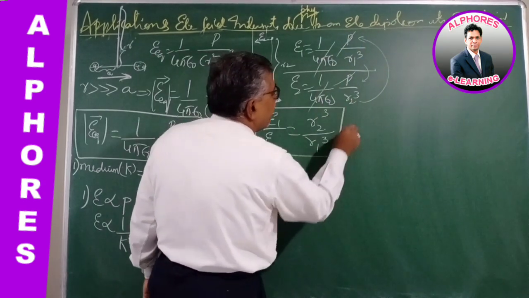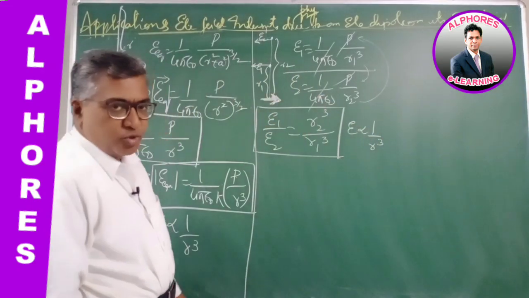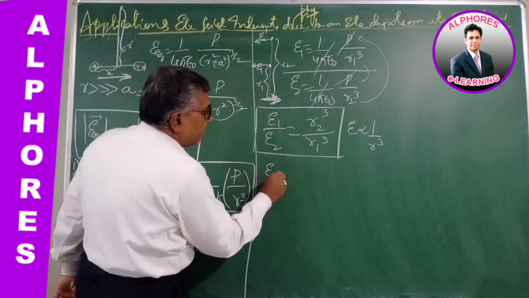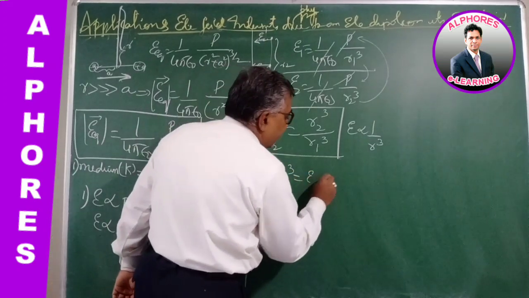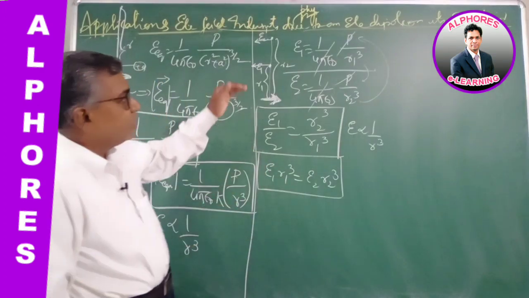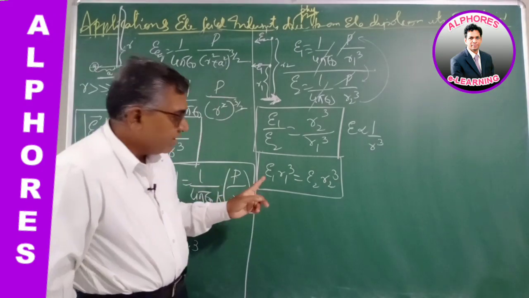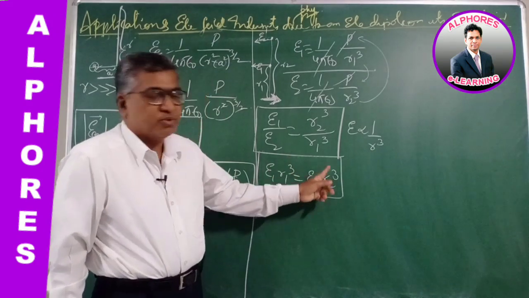So it obeys the inverse cube law, 1 by r cube. That is, E1 r1 cube is equal to E2 r2 cube. This is the comparison between the electric fields at two different points due to a short dipole on the equatorial line.